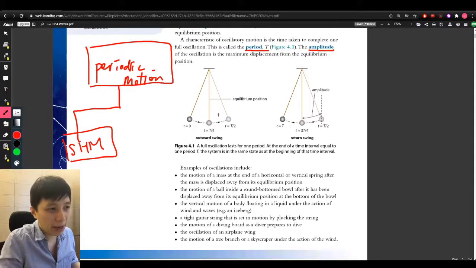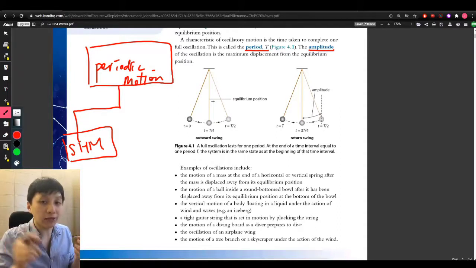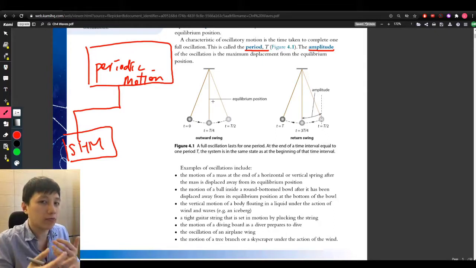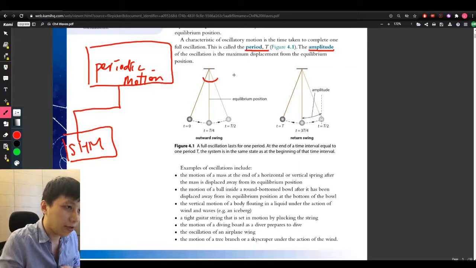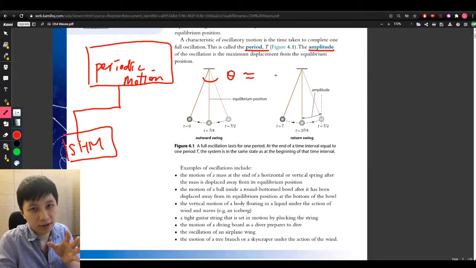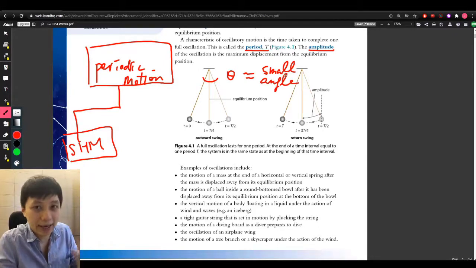And in fact, the pendulum here is probably one of the trickiest. If you're talking about a pendulum, of course it is periodic motion, but whether or not it would be treated as simple harmonic motion depends on the angle. If the angle is roughly 5 to 10 degrees, so that is to say a small angle, then we can treat it as simple harmonic motion.